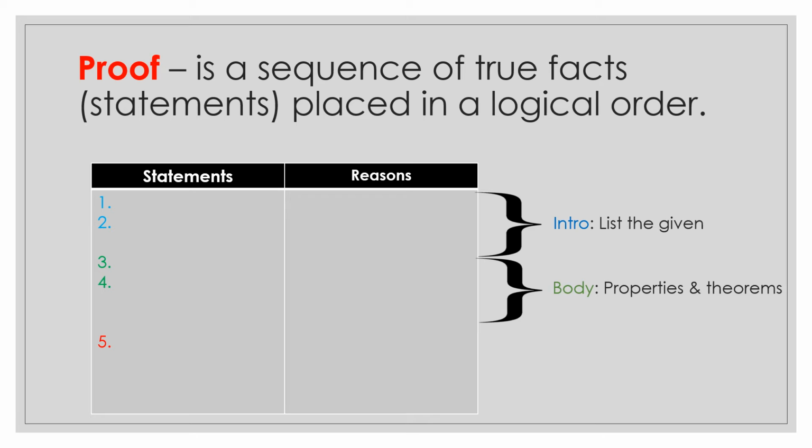So remember this, every time that you are proving, first you have the intro, the given. Next is the body, the properties and the theorems applied. And lastly, we have the conclusion. And that is where you will see what you are actually proving. Okay, we'll give examples so that you will understand it better.